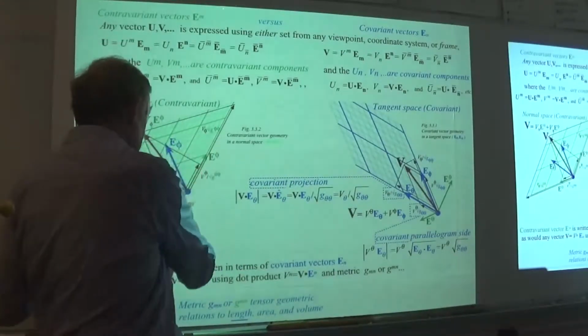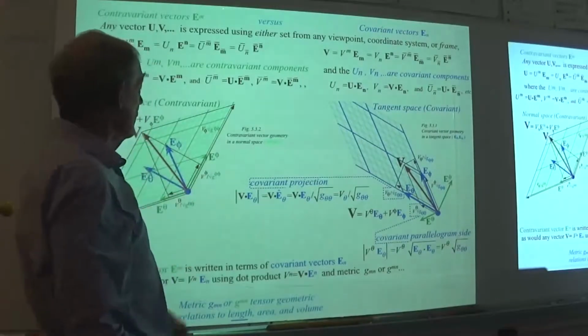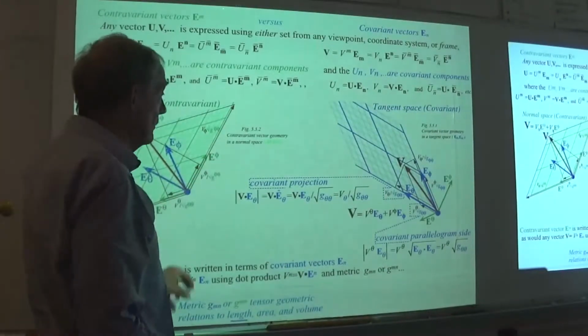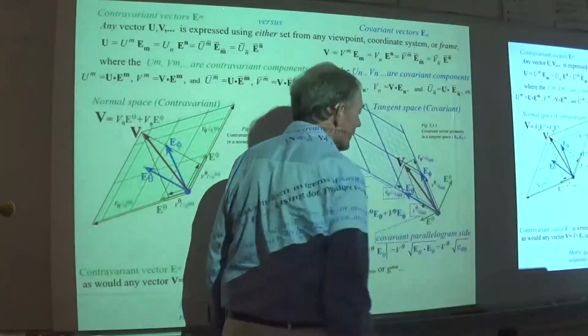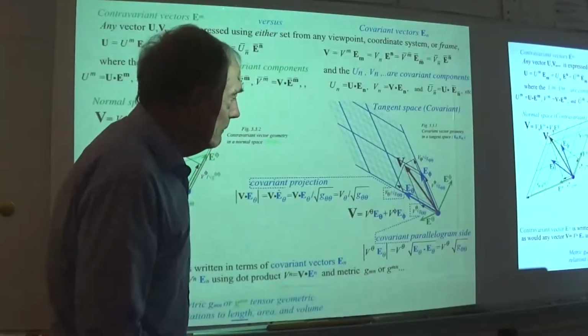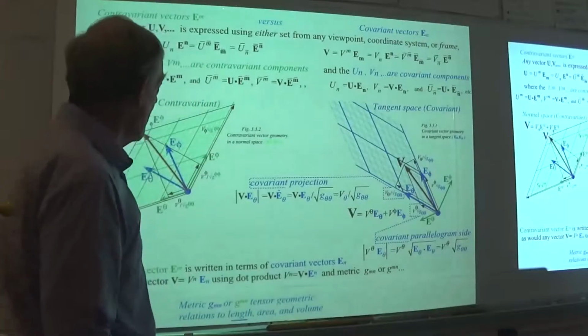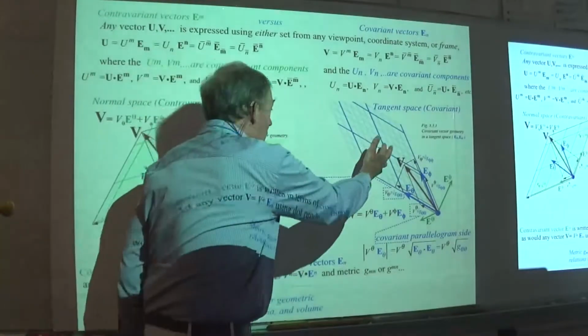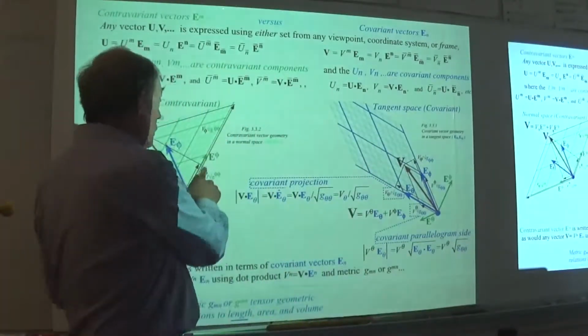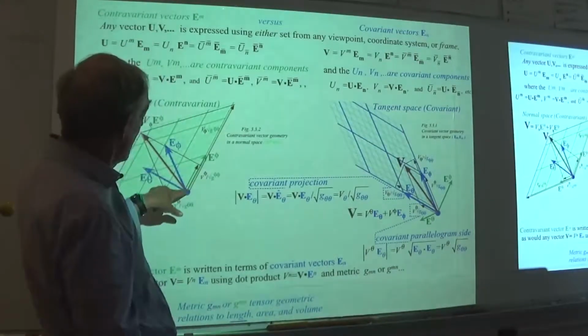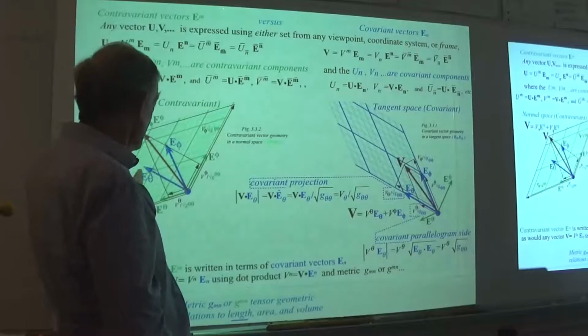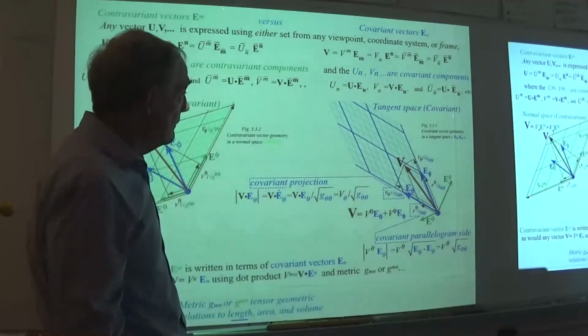Now here's the normal space that goes with the contravariants. And there they are being orthogonal, like contras are, to the coordinate lines of this particular coordinate system. But they're along whatever this space is. You see, now these are the oddballs. They're perpendicular to these vectors.